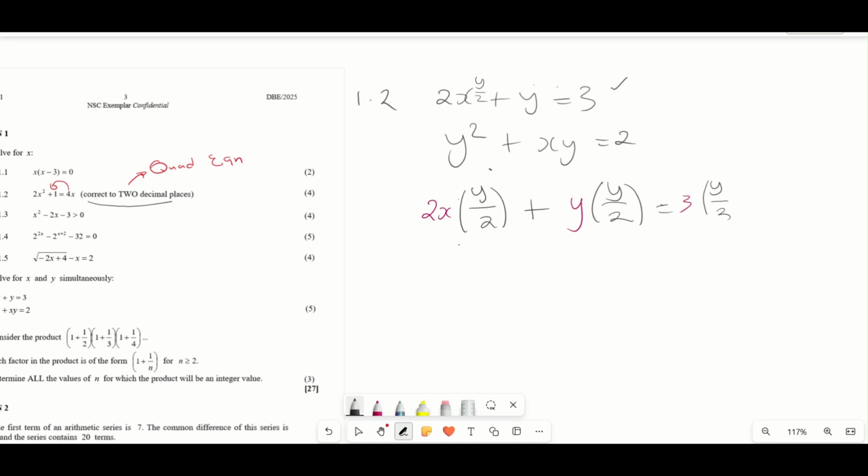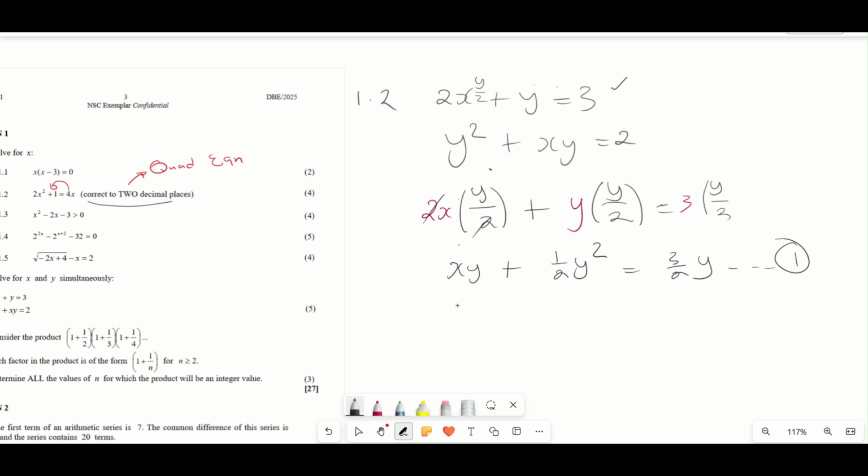Okay, so here we notice that the 2 and the 2 will cross cancel, and hence I'll have xy plus a half y squared, which is equal to 3 over 2 y. So this is my first equation.